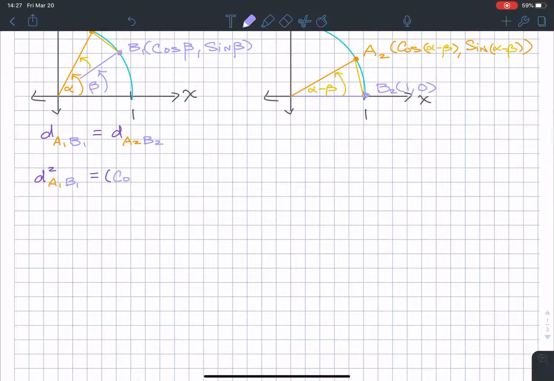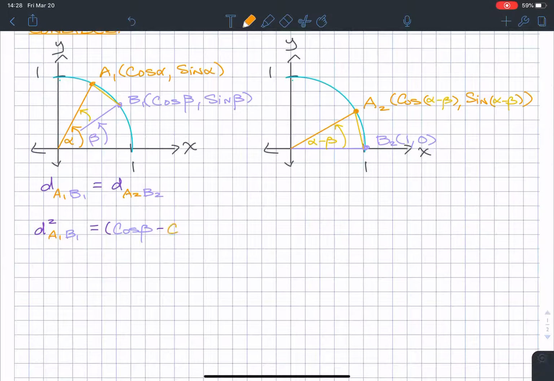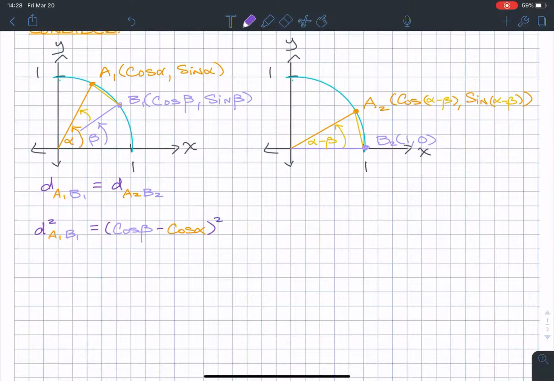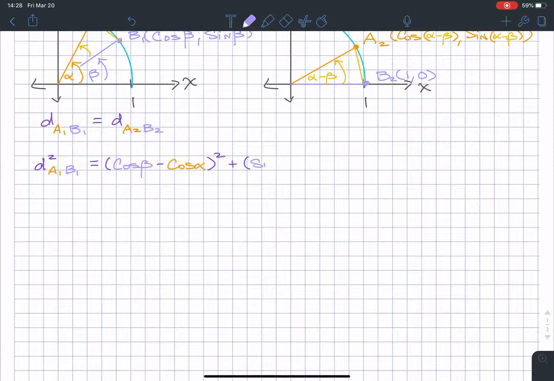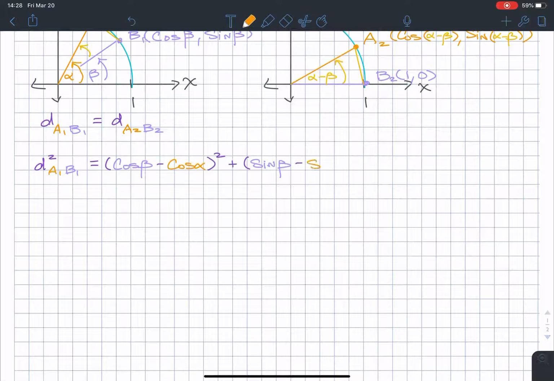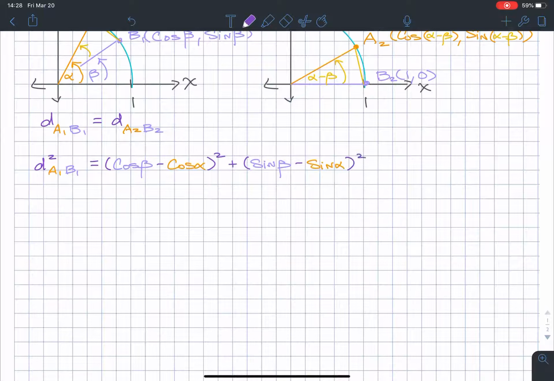So let's do cosine beta minus cosine alpha quantity squared, plus the difference of the y coordinates, which will be sine beta minus sine alpha quantity squared.